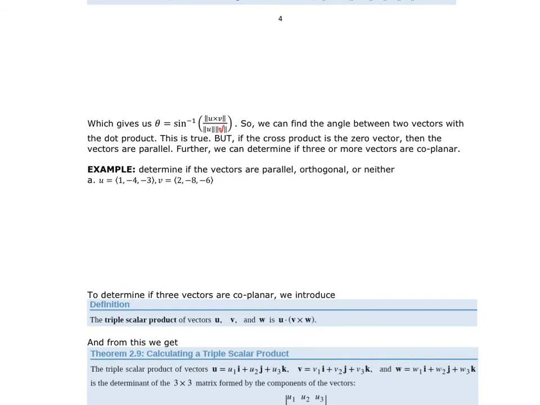If my cross product is equal to 0, I'm really saying theta is equal to the sine inverse of 0, and that only happens when theta equals 0. That means they must be either parallel, if I have two vectors, or all on the same plane if I have three vectors. If I'm trying to determine whether they're parallel or orthogonal or neither, for the orthogonal I use the dot product.